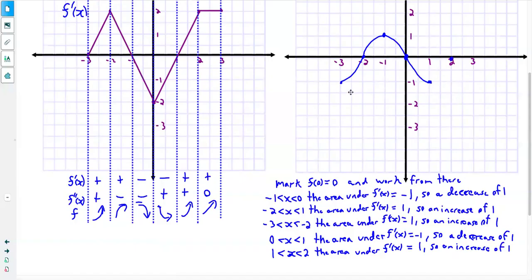Now, if we look from 1 to 2, we had this curve here. And then from 2 to 3, the area here would be 2 times 1, so an area of 2.